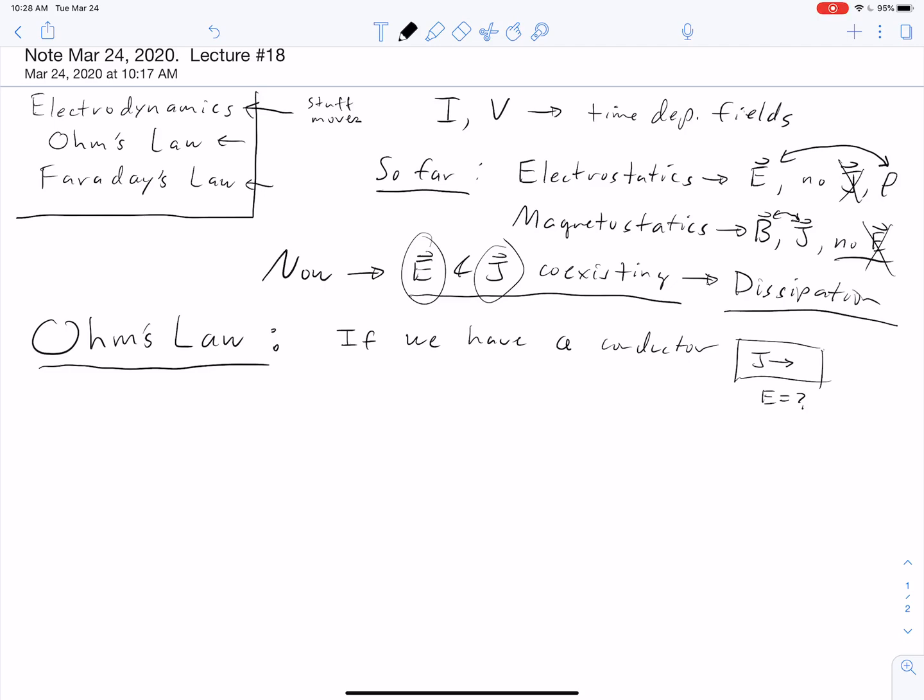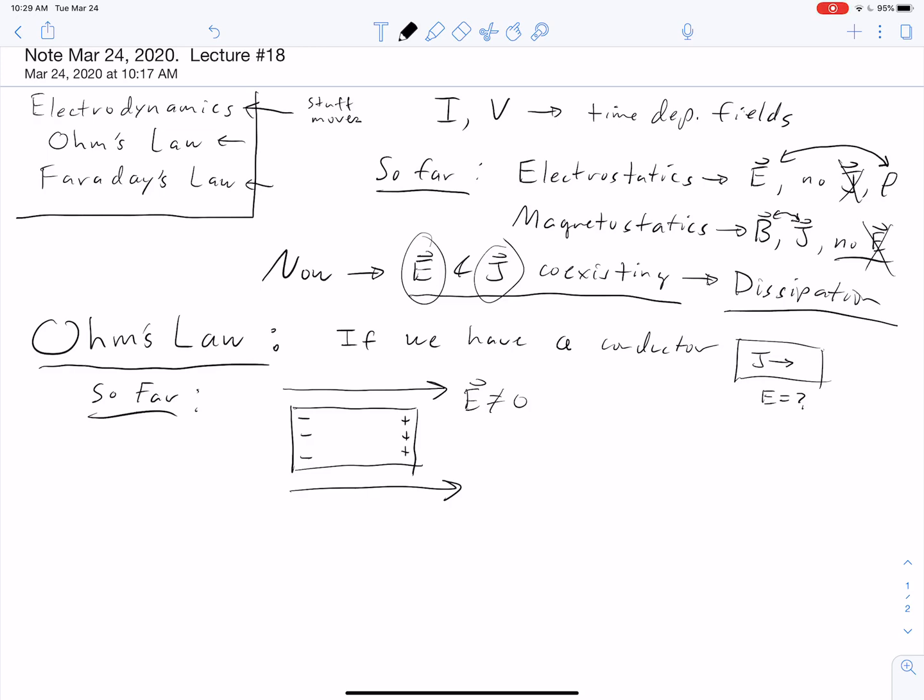It's a pretty simple question, but from our electromagnetic point of view, it's a little more subtle than you might think, because remember how we've been doing things so far. We said, if I have a conductor, and I place that conductor into some electric field, then the charge moves in the conductor and separates.